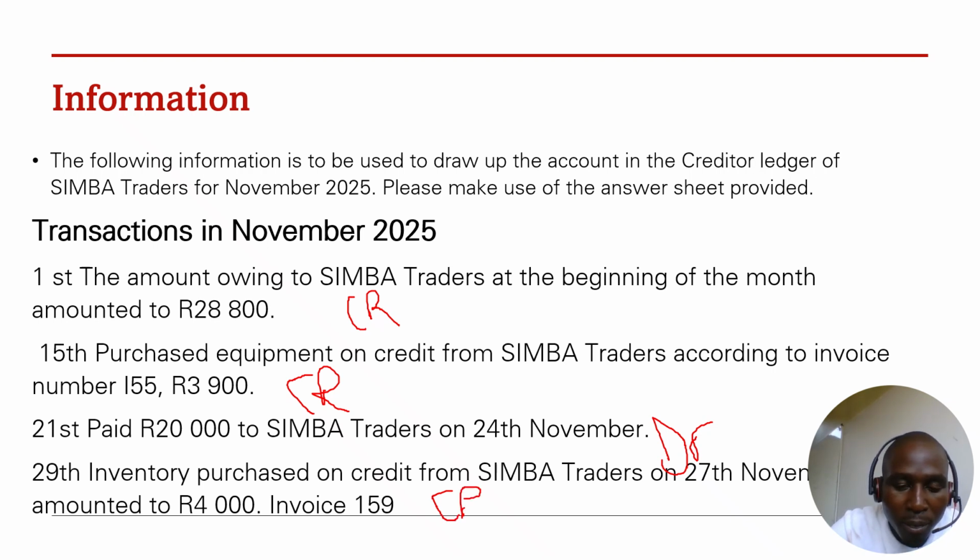The key note here is that when you are purchasing on credit, you write on the credit side. When you are paying, you write on the debit side.